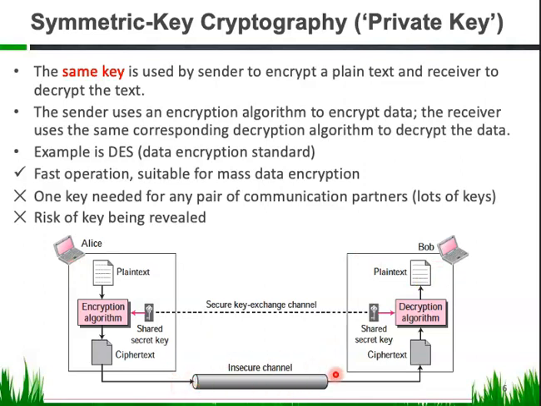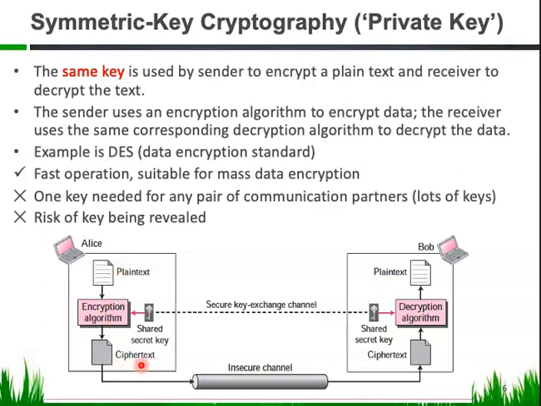The assumption is that another entity, an eavesdropper, let's call her Eve, cannot understand the contents of the message simply by eavesdropping over the channel. The original message from Alice to Bob is called plain text, and the message that is sent through the channel is called ciphertext.